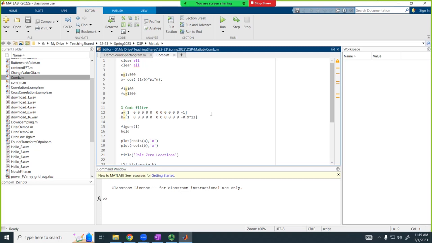Everybody knows how to represent a polynomial in MATLAB? Yes? So this means z to the 12 plus 0 z to the 11, 0 z to the 10, 0 z to the 9, etc., all the way to the last element. Okay.